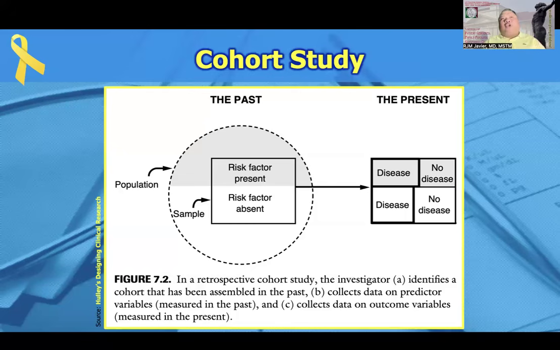So the exposure will be those subjects who were exposed to volcanic ash in January 2020 versus those who were not exposed to the volcanic ash in 2020. So the exposure is historical. And then you recruit them based on that absence or presence of volcanic ash exposure.